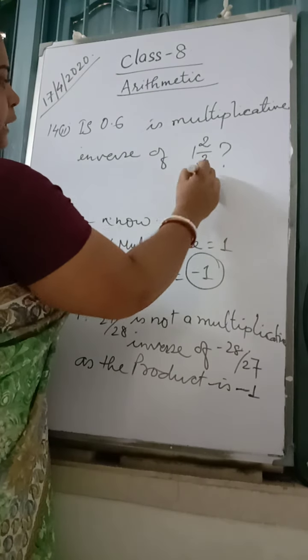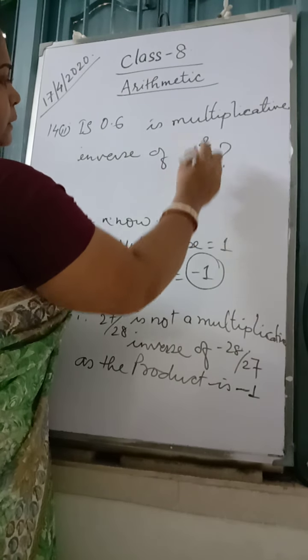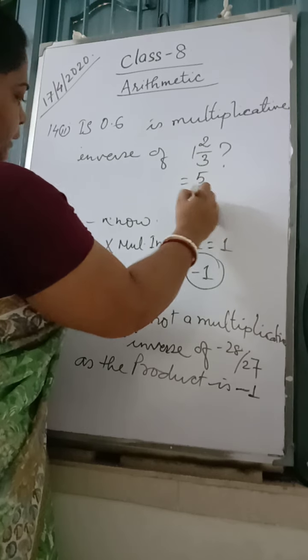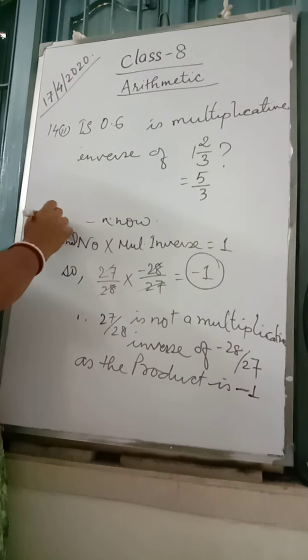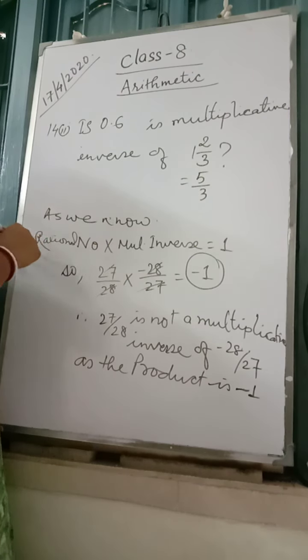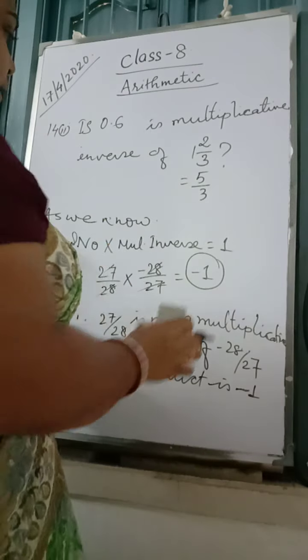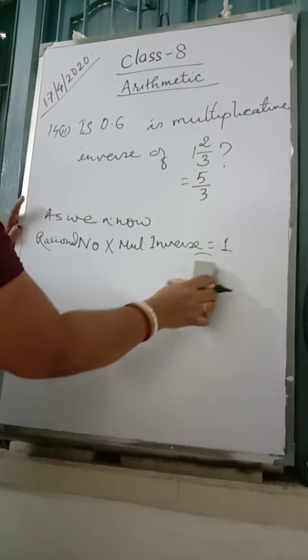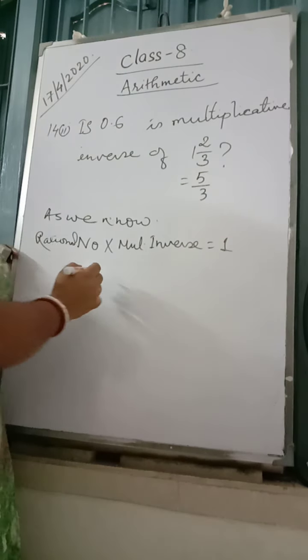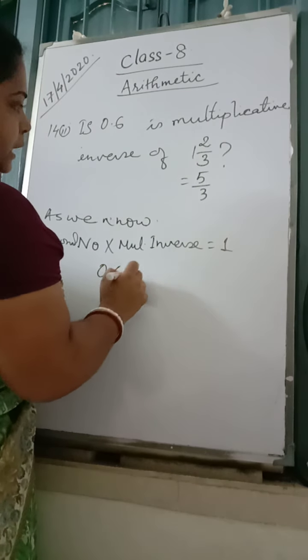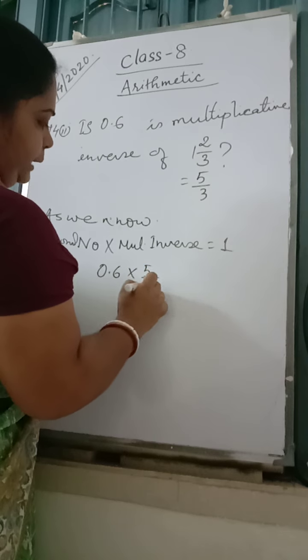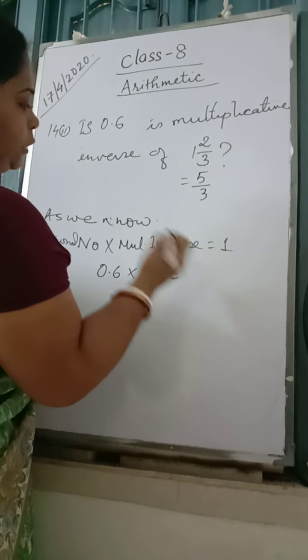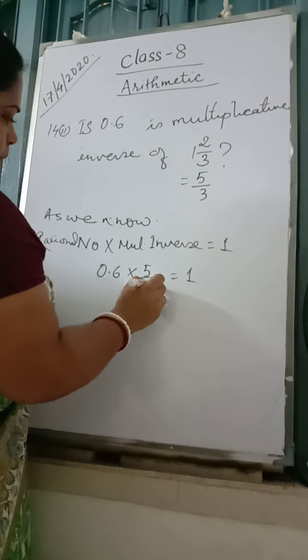Now 1 whole 2 by 3 means 5 by 3. As we know, rational number into multiplicative inverse is 1. So 0.6 into 5 by 3 should be 1.